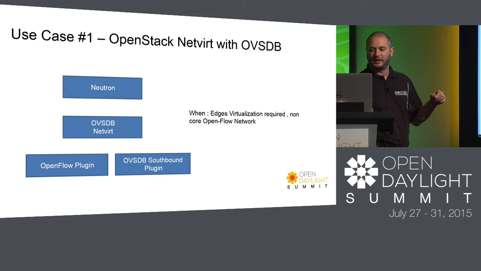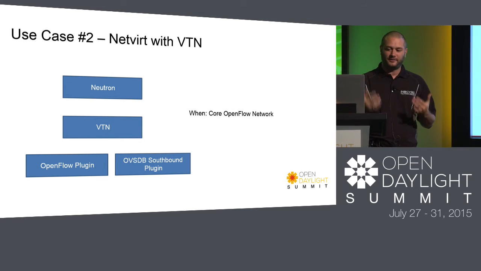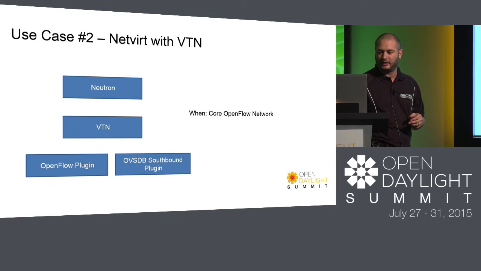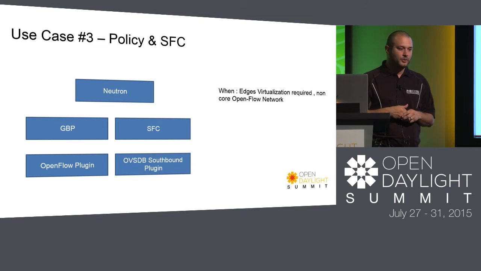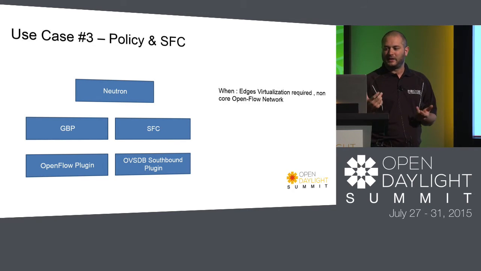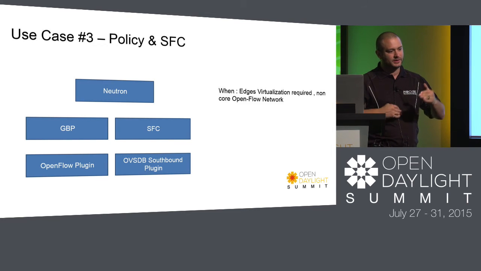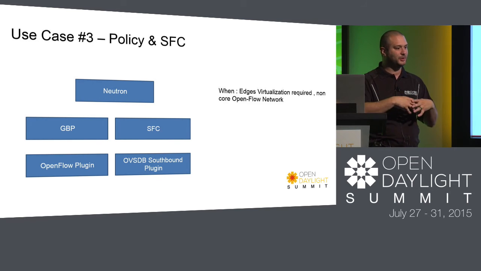So this is being done there. VTN also makes it available. Under VTN, you don't need to have Neutron. You can create virtual tenant networks. And for group-based policy, well, group-based policy is not really trying to solve the same issue. You get virtual networks because you're creating the context of endpoint groups.